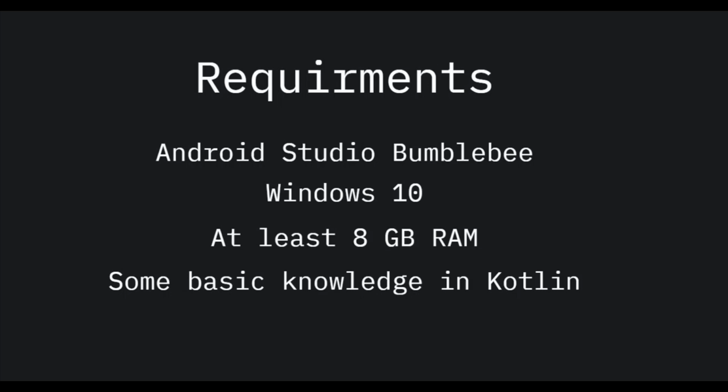Then you need the Windows 10 operating system with at least 8 GB of RAM, and some basic knowledge of Kotlin would be a plus. But if you don't have any basic knowledge of Kotlin, you can still enroll in this course because I will teach everything from scratch. If you meet these minimum requirements, then you are good to go for this course.